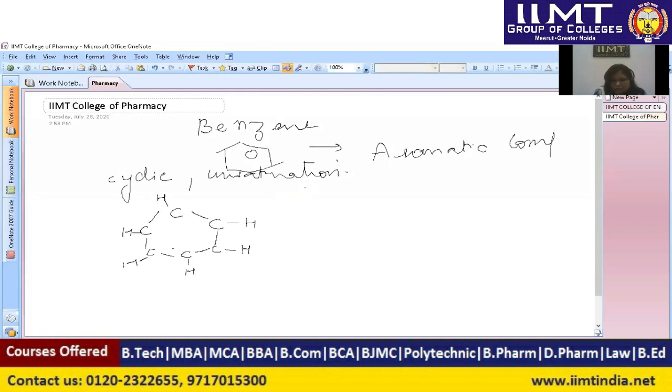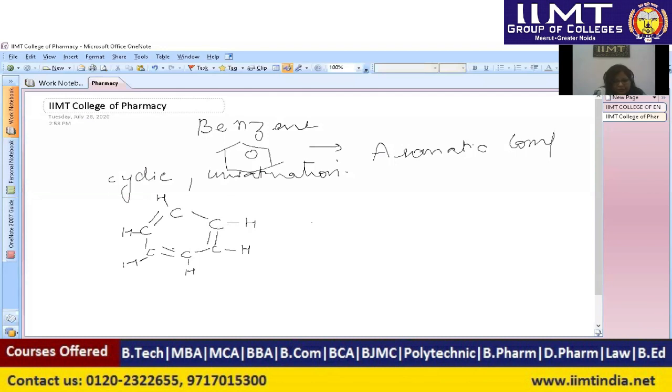Now the carbons are in a cyclic form in a certain pattern, to which the hydrogens are attached, and certainly we have unsaturations inside it, which means it has double bonds inside it, which give it resonance. So double bonds can be drawn like this.